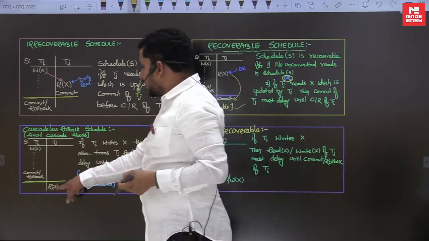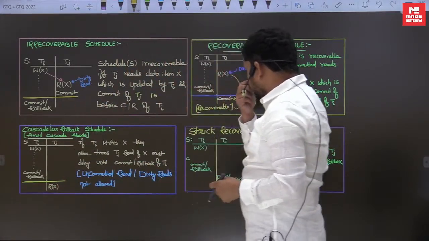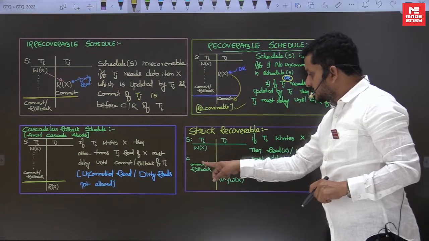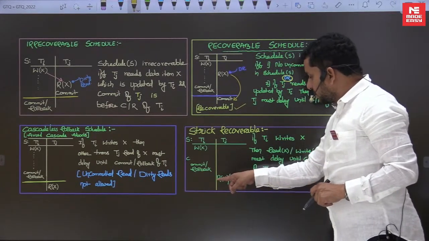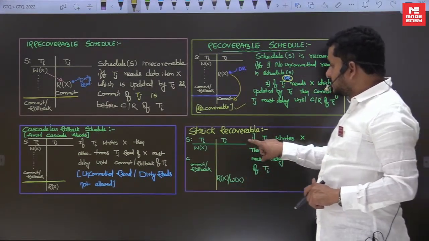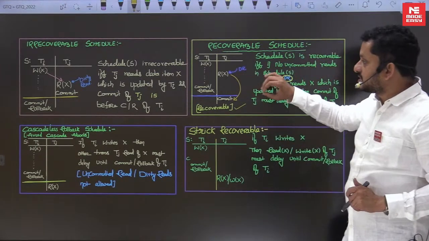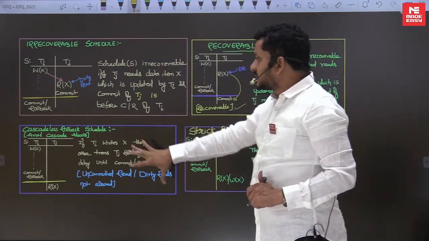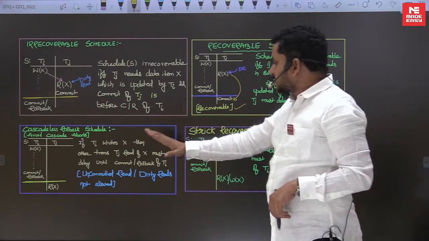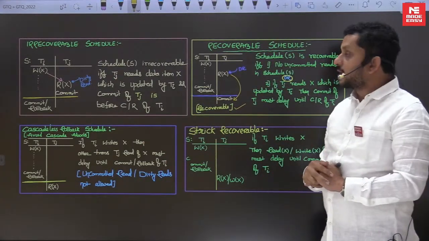If there is no uncommitted read, then it is cascadeless recoverable. If one transaction writes, and until commit or rollback no one either reads or writes, then it is strict recoverable. Those are the basic definitions.